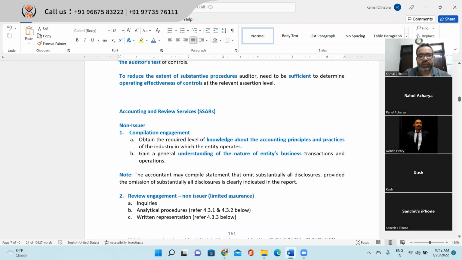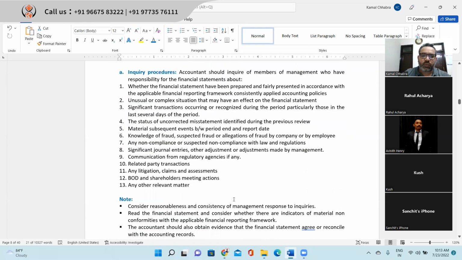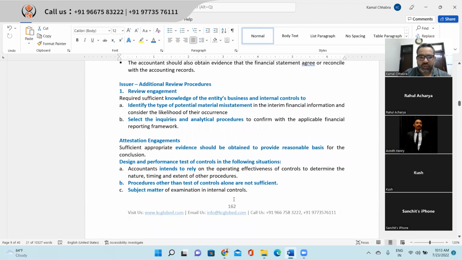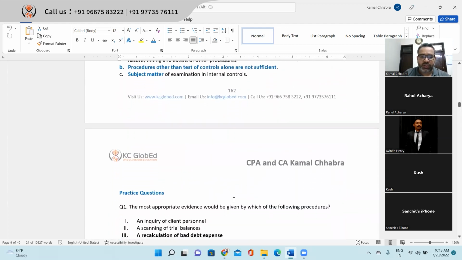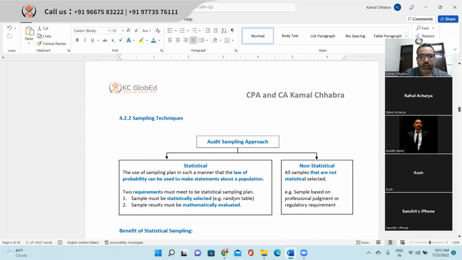After that, we discussed accounting and review services, which follows SSARs for the non-issuer, compilation engagement and review engagement, what all things need to be done. And then we discussed on issuer, what are the additional procedure required to be done, and attestation engagement. Then we did certain practice questions as well, right?